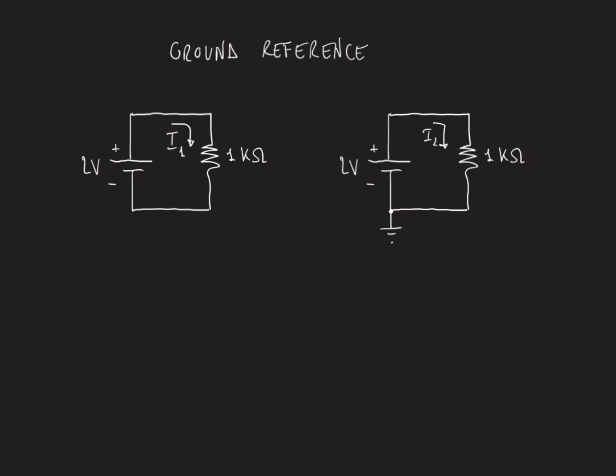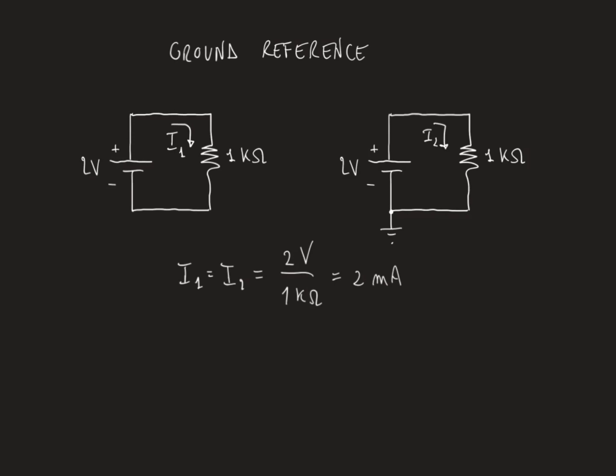And these currents, I1 and I2, are both equal, based on Ohm's law, to the voltage across the resistor, 2 volts, which is forced by the battery, divided by 1 kilo, the resistance, which makes 2 milliamps.